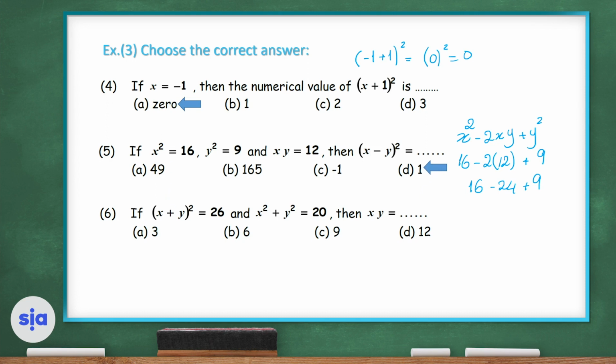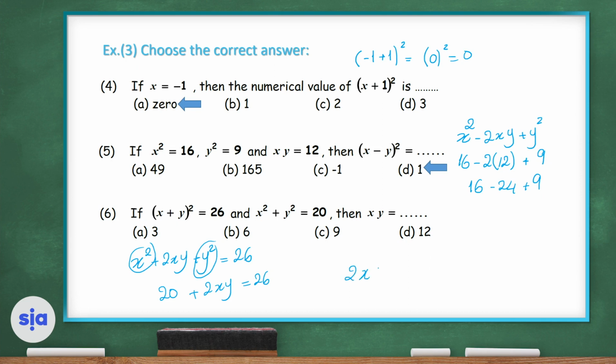Question 6. If (x + y) squared equals 26 and x squared plus y squared equals 20, how can we find xy? Let's expand (x + y) all squared. So x squared plus 2 times first times second plus second squared equals 26. We know that x squared plus y squared is 20. So 20 plus 2xy equals 26.